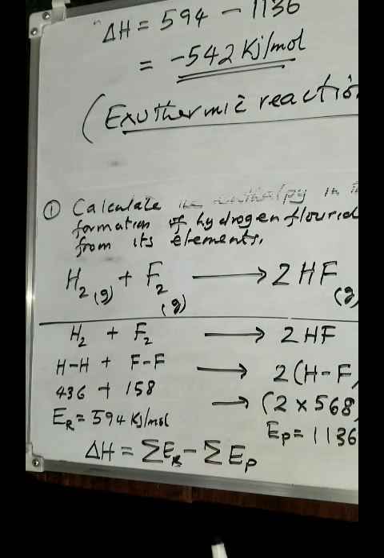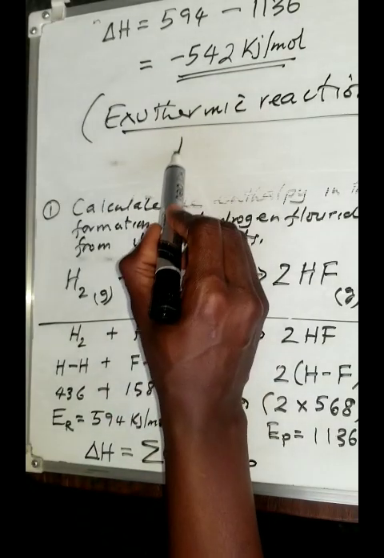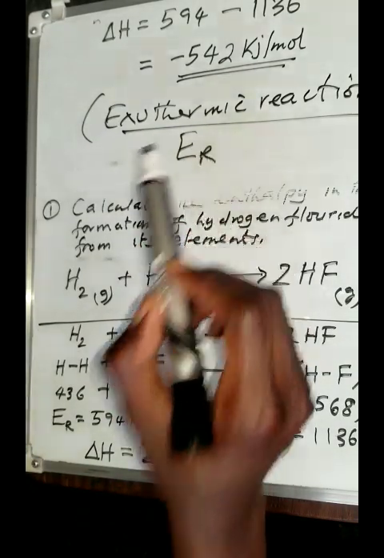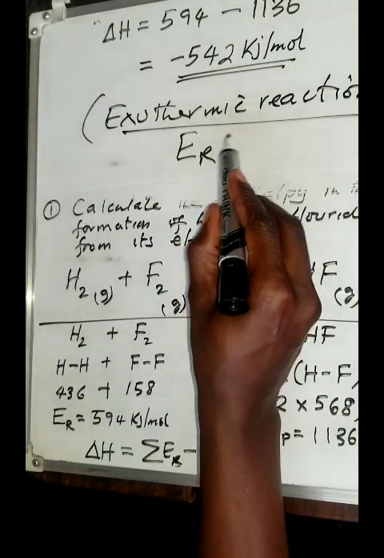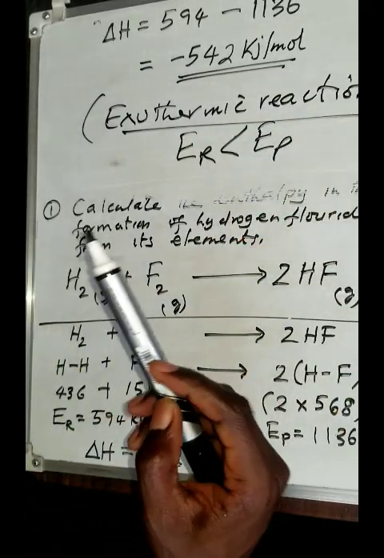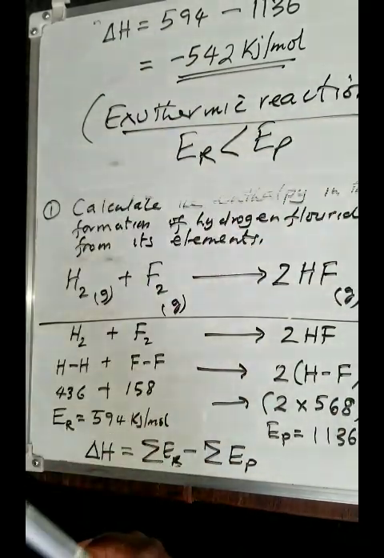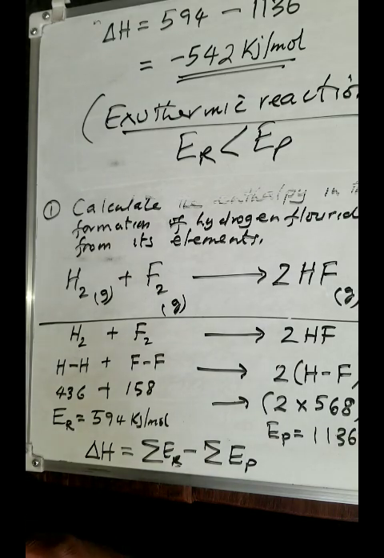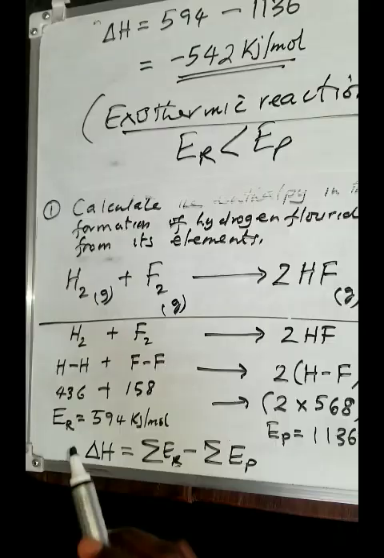And why are we saying that it is exothermic? Remember, the energy of the reactants is less than the energy of the products, and you can see that the negative sign is simply telling you that energy is being given out. So that's the way you can determine that.